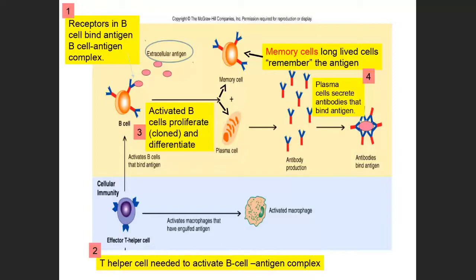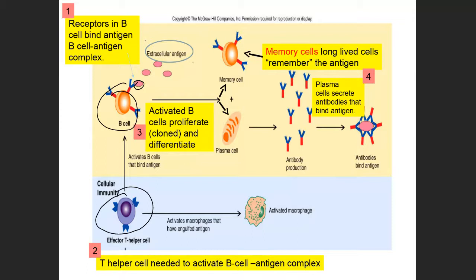So this is the B cell, and an antigen is attached to the B cell. Now, notice that for the B cell to be activated, it first needs to be activated by a T helper cell. This is a T lymphocyte, and it has receptors for the specific antigen.